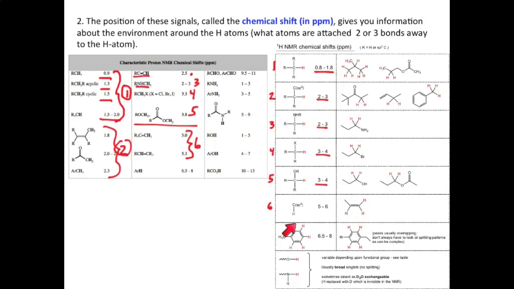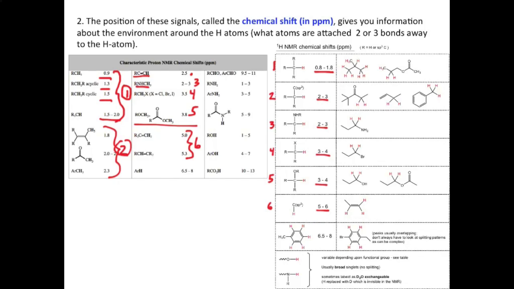And we can clearly see here I'm talking about a hydrogen now directly attached to an sp2 hybridized carbon. And when I say sp2 hybridized carbon, I'm not talking about an aromatic ring. I'm talking specifically about an alkene. So when you have a hydrogen connected to an sp2 hybridized carbon of an alkene, that will have a chemical shift of approximately 5 to 6. And that's what we see here. So here's an example. Hs connected to sp2 hybridized carbons will have chemical shifts of 5 to 6.